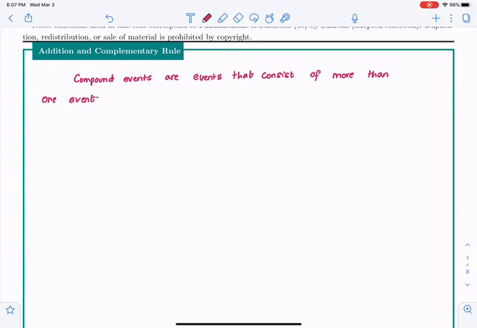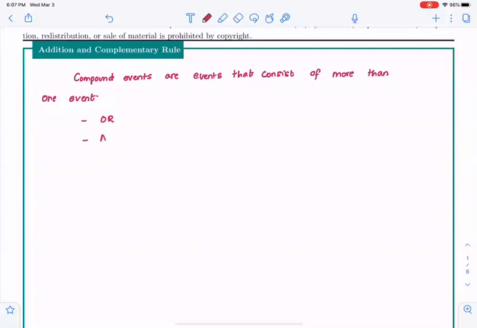So we would start saying, I bought a car and I took it for a ride. Either you pick an orange or an apple. So the logical conjunctions that we are interested in are or, and, and lastly, not.